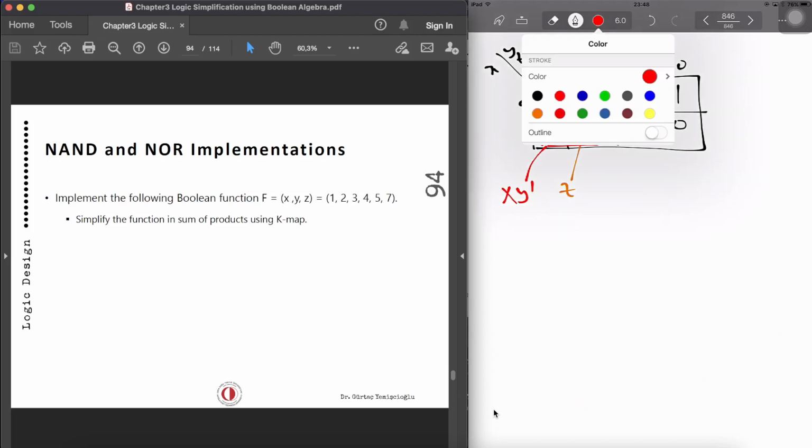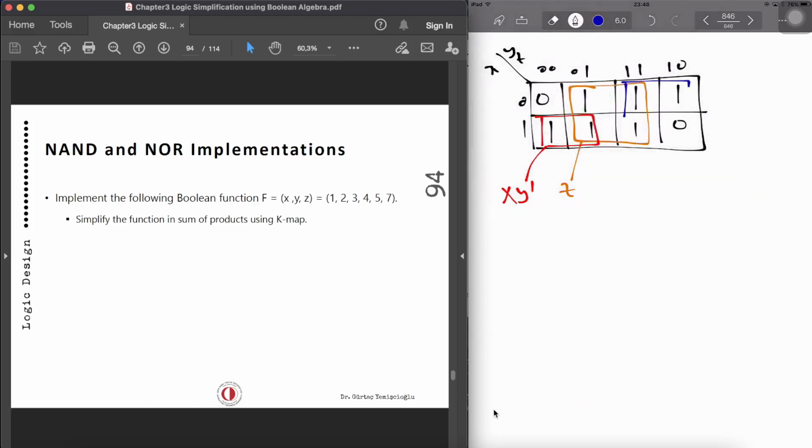And of course, I can combine these two, which is going to give me x prime y. So I can say that f is z or xy prime or x prime y. Now this is the sum of product that I am getting in the end.